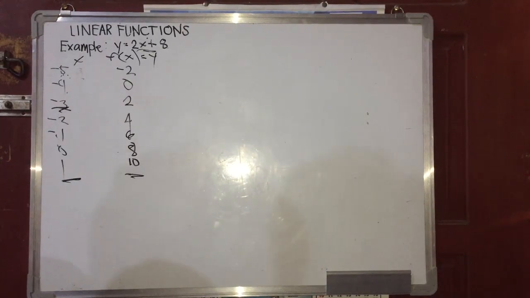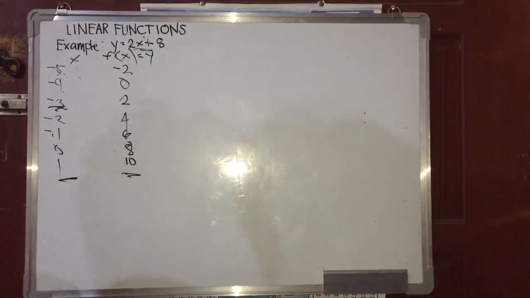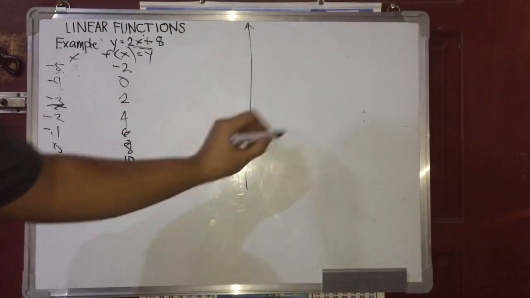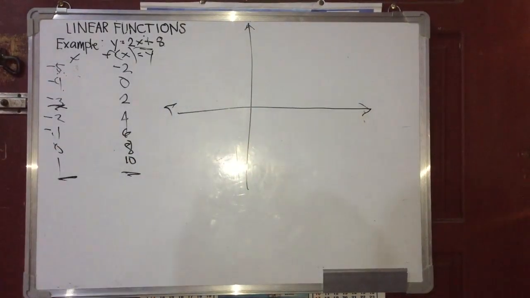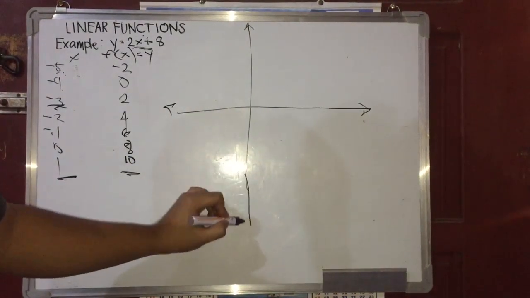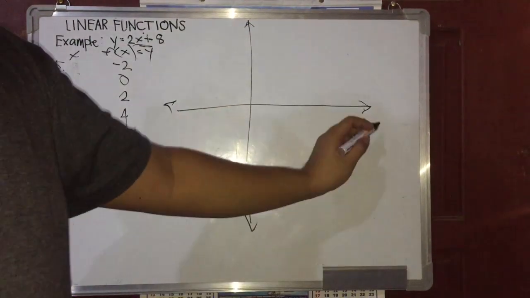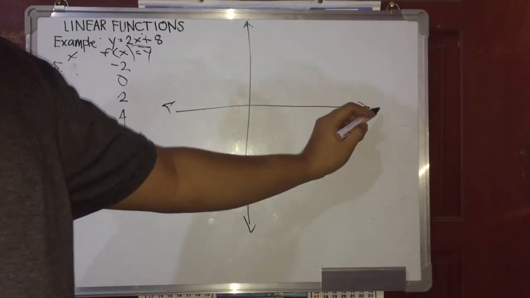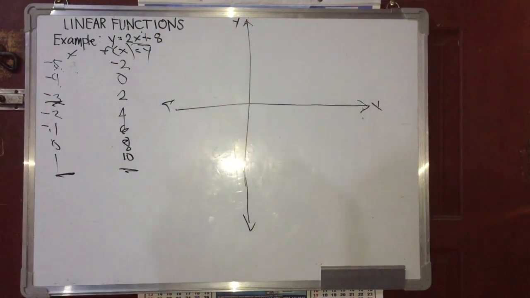At this time we try to graph it using the Cartesian plane. This is a portrait of the Cartesian plane. The horizontal line is the x, and the vertical line is the y.